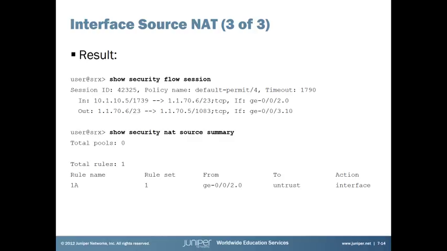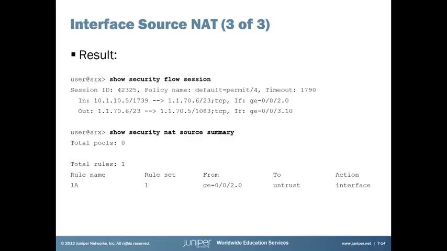Interface GE002, and then coming in on GE003, so then we've got the traffic that's going out with a different source address, with the NATed source address actually.